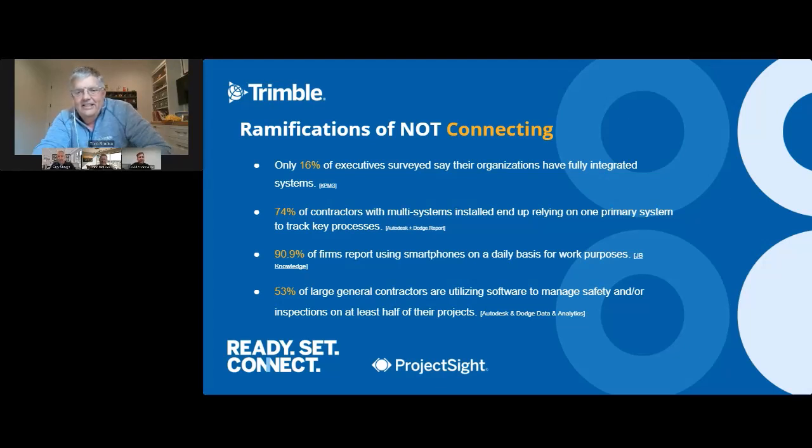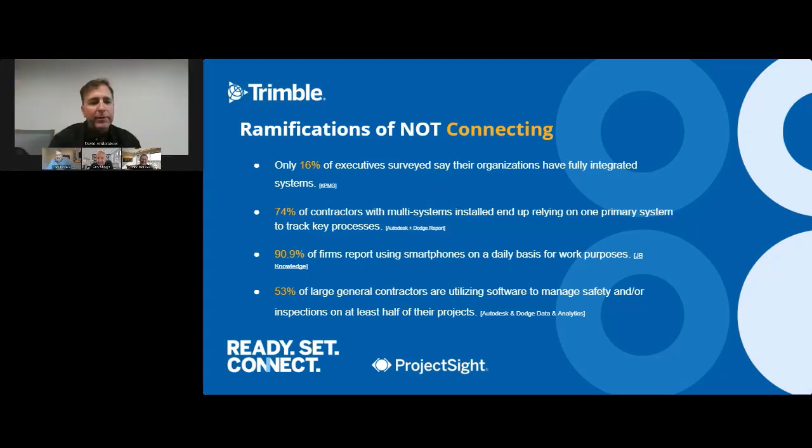I think it exemplifies the power of the integration, right? I think construction companies empower their people to find solutions that work for them. And if you're a construction company that empowers your people to do that, then obviously you need some kind of integration so that the data flows and the processes get the data to the right place, to the right people.